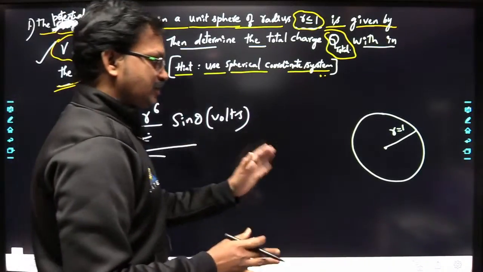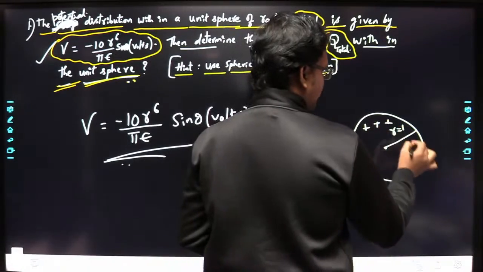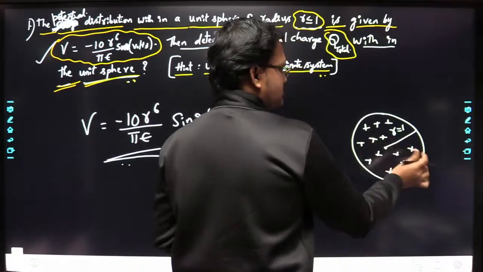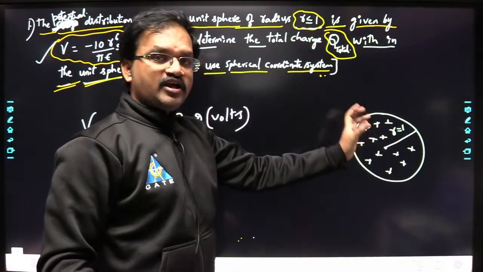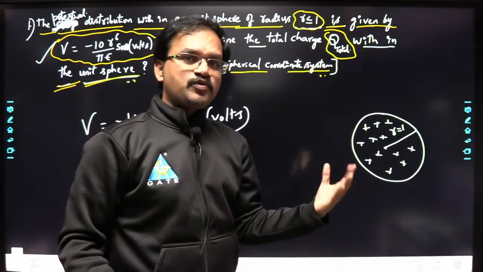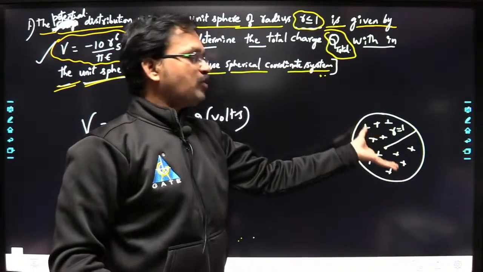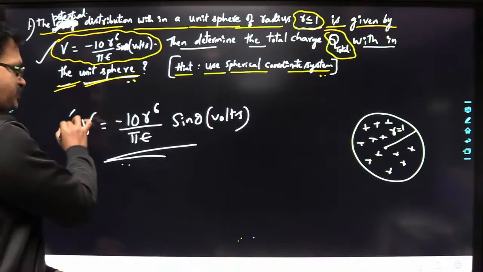That means within this unit sphere you have some charge distribution, and this charge distribution is producing some potential within the unit sphere. How that potential is varying is given by this expression.